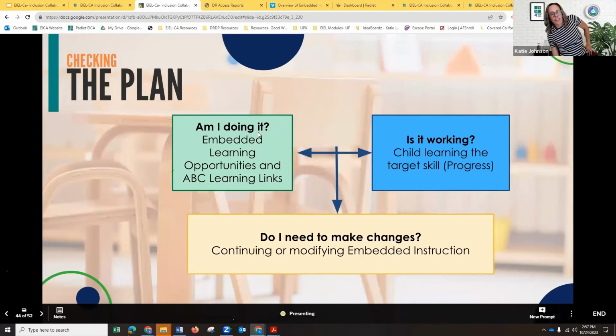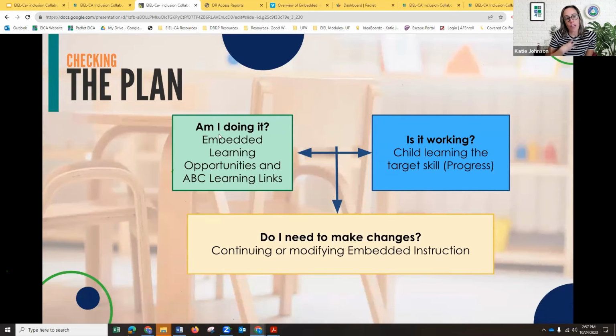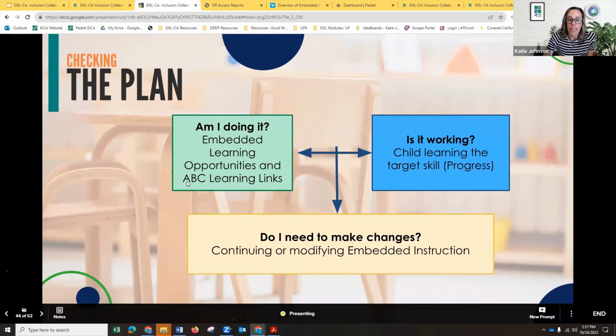This is the part that feels so exciting to me. We want to ask ourselves two questions. Am I doing it? And is it working? The crucial part here is, am I truly implementing those embedded learning opportunities, and are they ABC learning links?